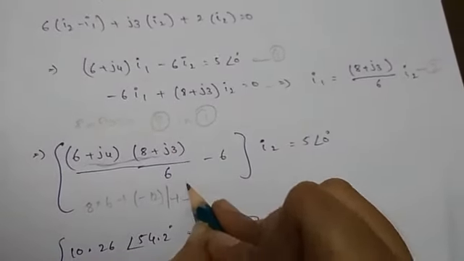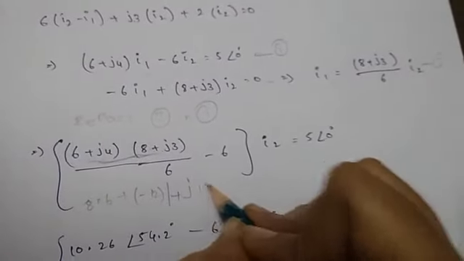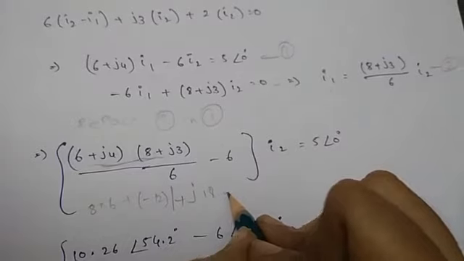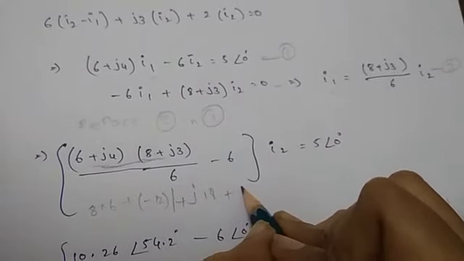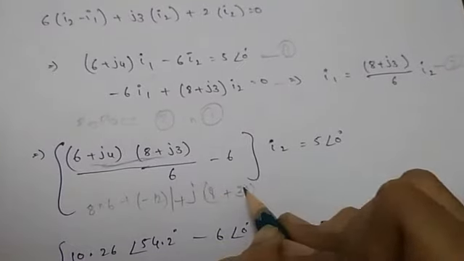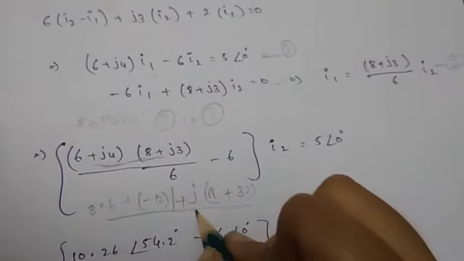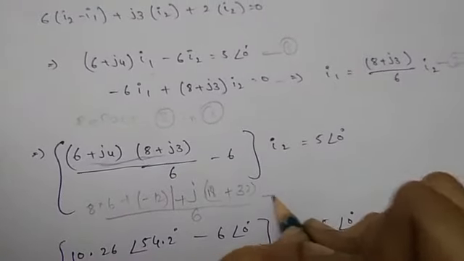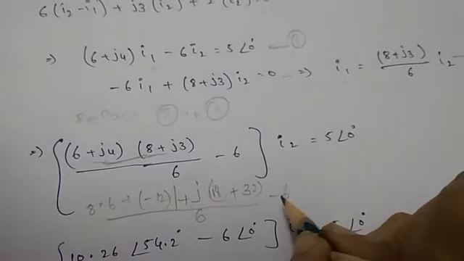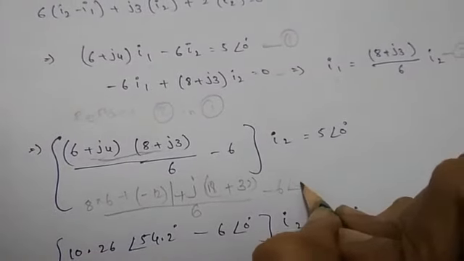When getting the imaginary values, 18 plus 32 by 6. This is the fashion. Okay, minus 6, so this is minus 6 is the real value.